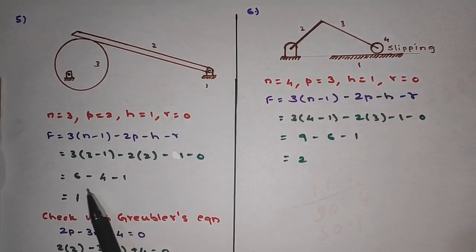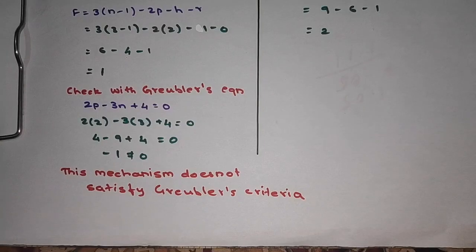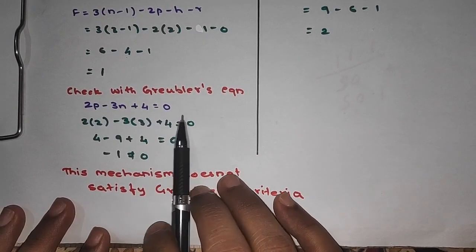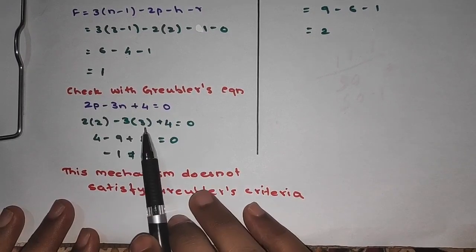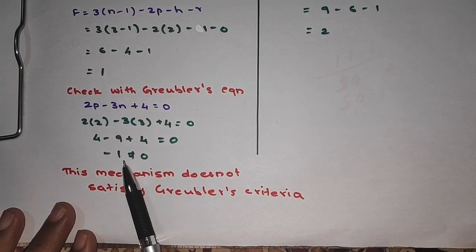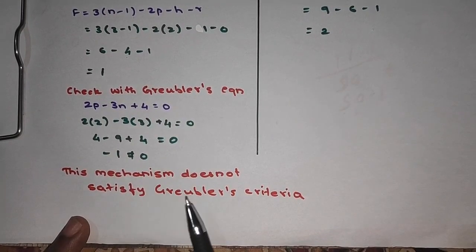Now we shall check whether this mechanism satisfies the Grubler criterion or not. So we have Grubler's equation 2p minus 3n plus 4 is equal to 0. So p is 2, n is 3. So we substitute that in this Grubler's equation. We get this as minus 1. This is not equal to 0. So we can say this mechanism does not satisfy the Grubler criterion.